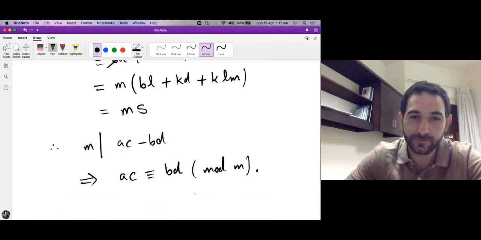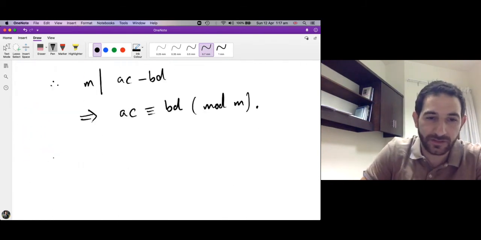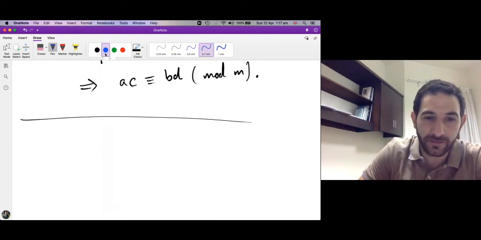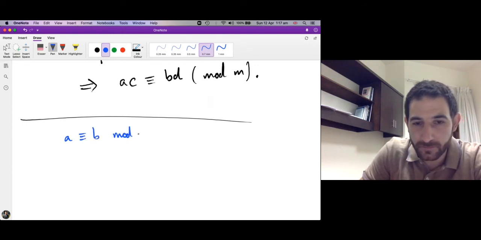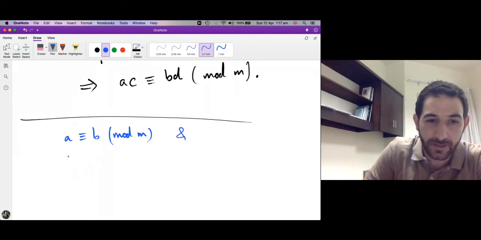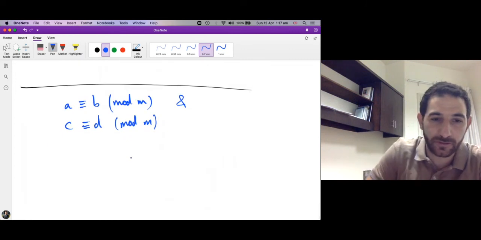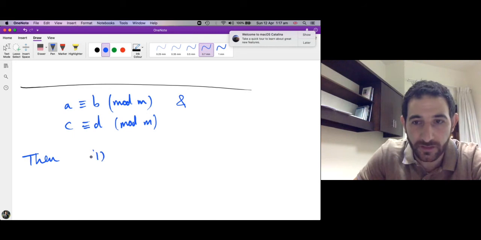So again, let me write the statement again. What is the theorem we proved now? That if A is congruent to B mod m, remember that we put brackets for modulo m when we use the congruences, and C is congruent to D modulo m. Suppose these two statements are true, then we know two things are true.